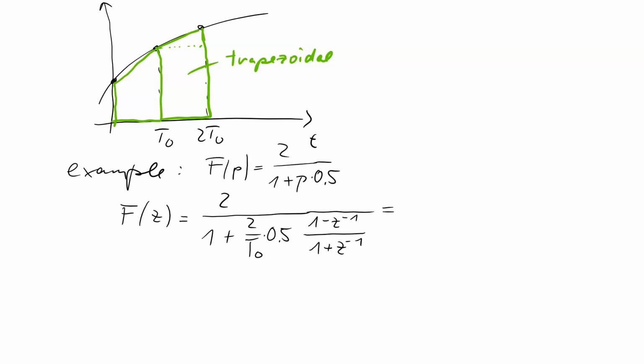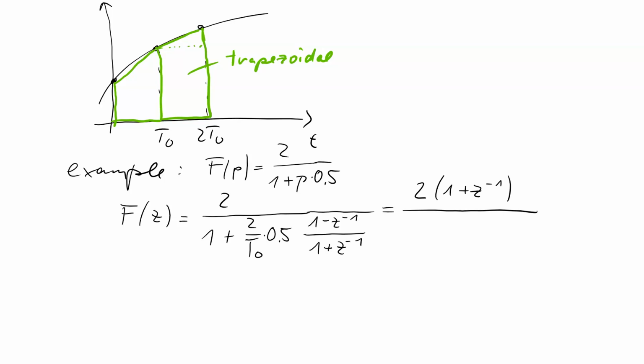We need here the normalized form, so we factor this out. We factor numerator and denominator with 1 plus z to the power of minus 1 and get here 2 times 1 plus z to the power of minus 1.